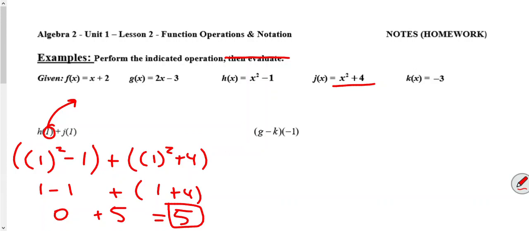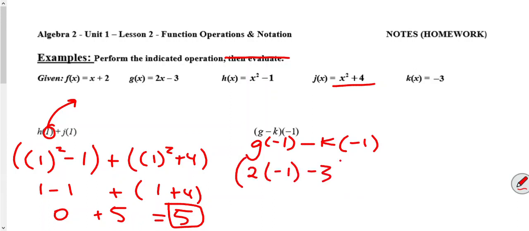So g of negative 1, you could write this. g of negative 1 minus k of negative 1 means the same thing. So g is 2x minus 3. I put a negative 1 in for x. From that, I subtract k of negative 1. k of negative 1.